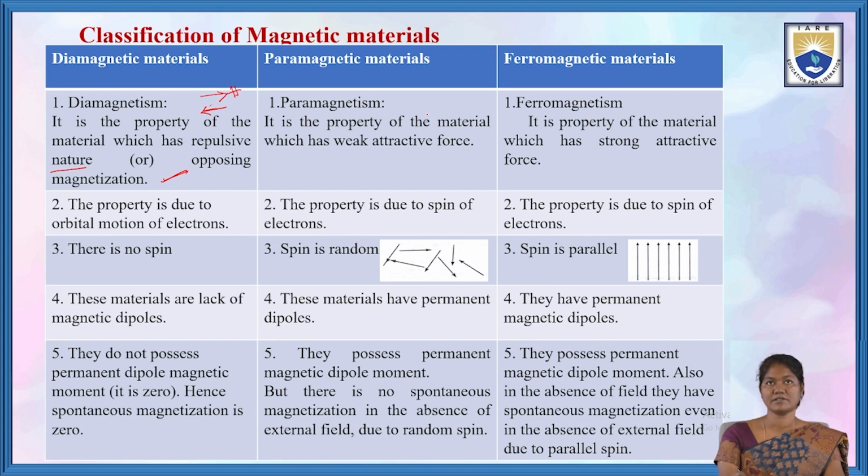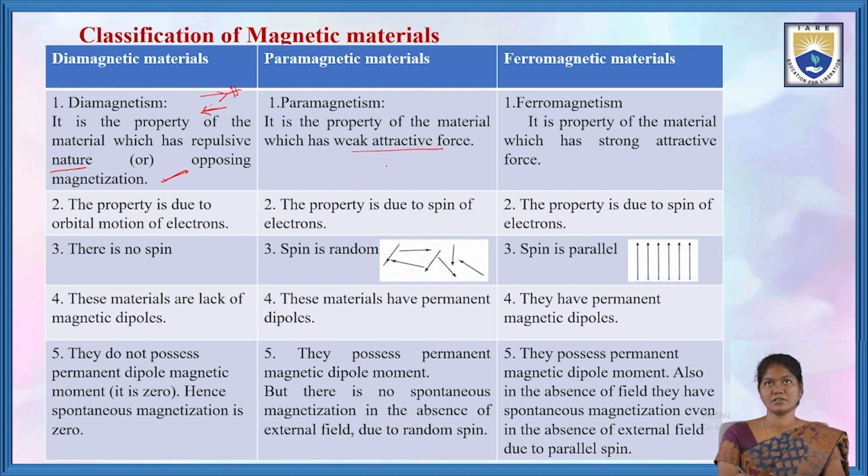In paramagnetism, it is a property of the material which has weak attractive forces, because initially in the absence of magnetic field, the atoms are in random orientation of magnetic moments.